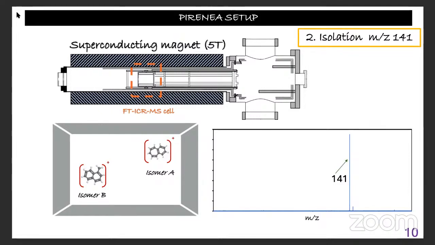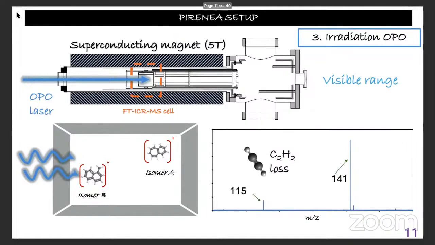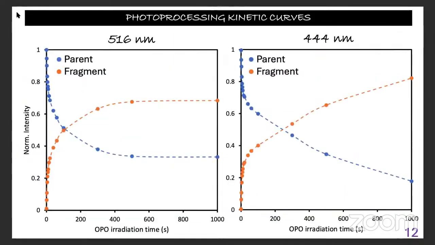And now we can play, because by using an OPO laser, we can investigate the fragmentation yield as a function of the wavelength and irradiation time. In this presentation, I will focus on two representative results for two different wavelengths, where we are observing the normalized fragmentation yield, that is, the population, as a function of irradiation time.